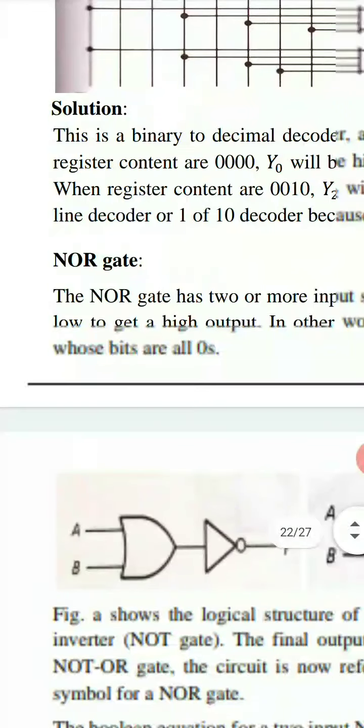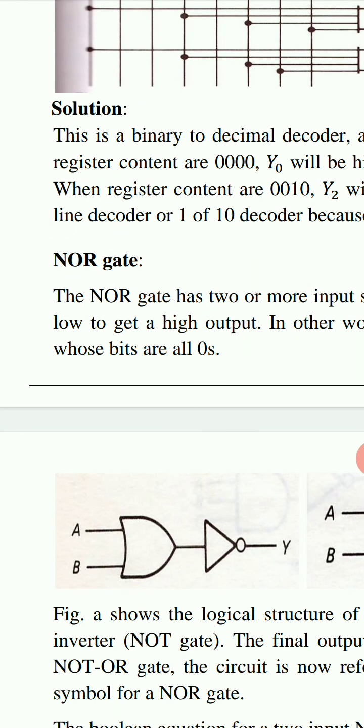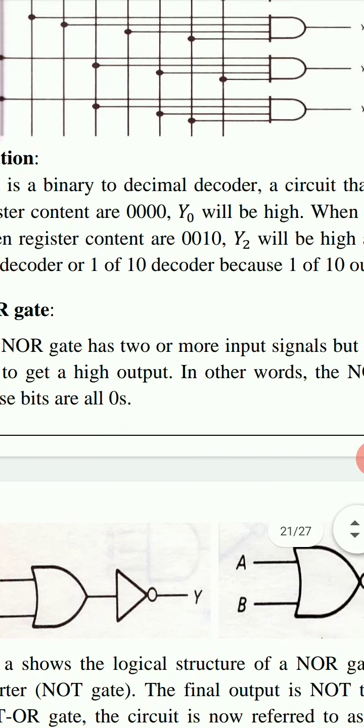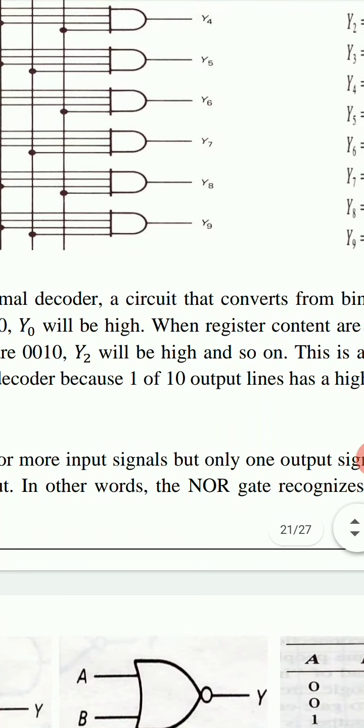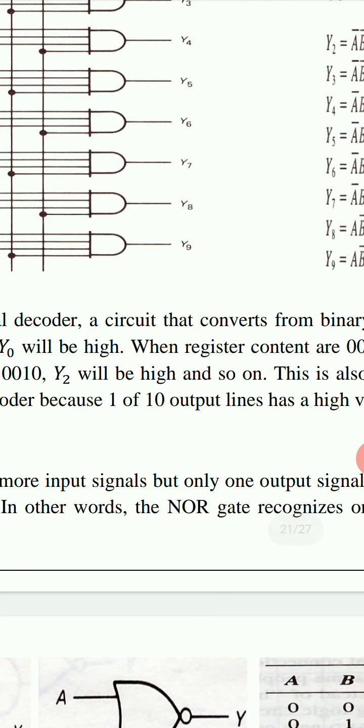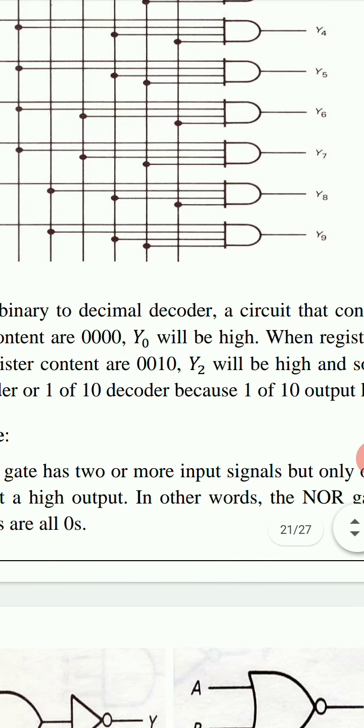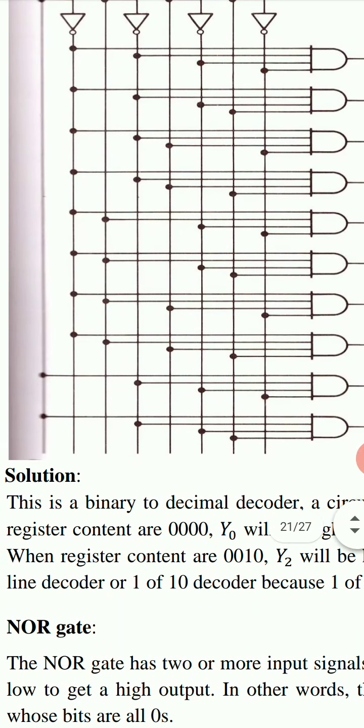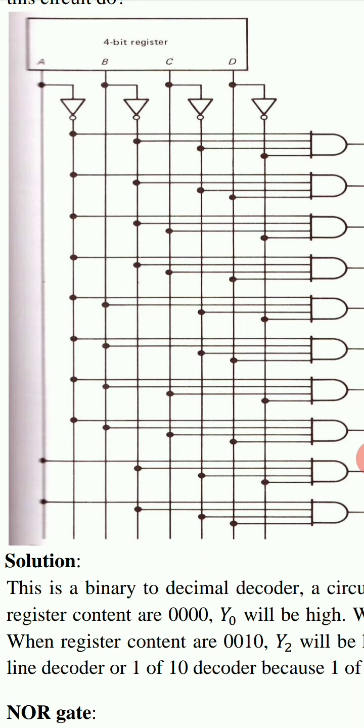This circuit is a binary to decimal decoder. Its output is high which corresponds to the input word that is equivalent to its decimal number.